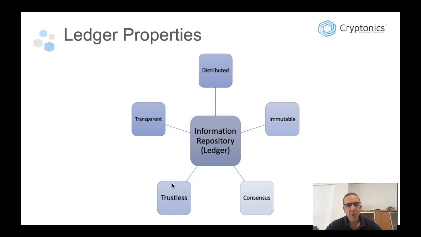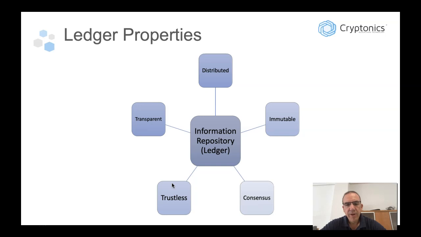Trustless in the sense that we don't have to trust a central entity or some coordinator or anything like that. Instead, we trust a mathematical protocol, a cryptographic protocol. That's related to consensus. So there's a consensus on what is the correct version of the repository.